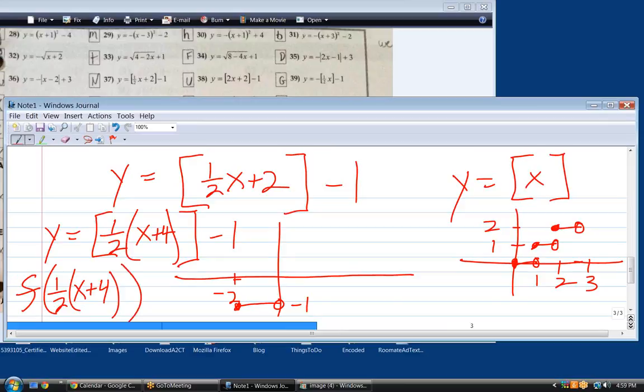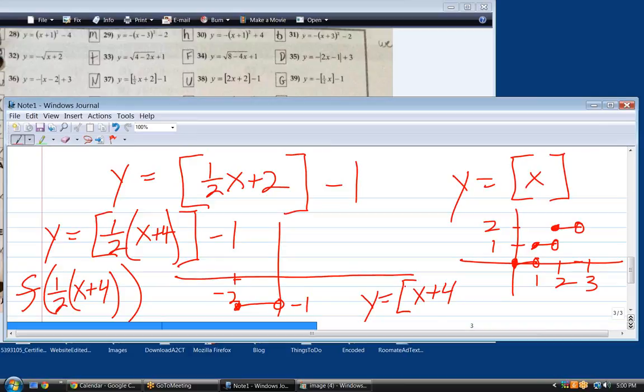In other words, what we're looking at on 37 is f of 1/2 times the quantity x plus 4. Because f of x plus 4 would be this.